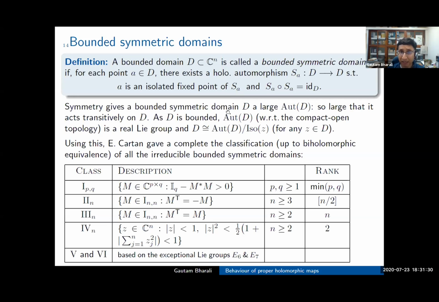And I build a clever chain of disks, which by a concatenation of reflections moves A to some reflected image, and then I capture this reflected image of A in another ball with the property that the center of that ball moves me a little closer to the point B, and I apply another reflection, and so it goes. And the fact that s sub A behaves like a reflection comes out of looking at the linearization of this map in the tangent bundle.